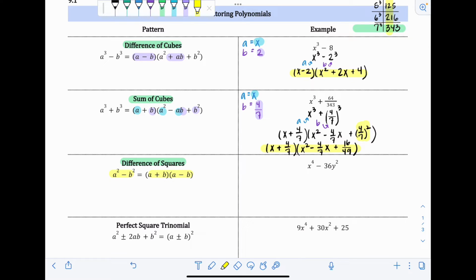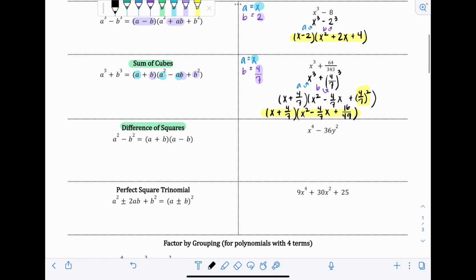So the first thing I want to do is take my problem and rewrite it as a base to the second power minus a base to the second power. It kind of looks like that now, but it's almost deceiving the way it's written right now, especially for the 36y squared. So for x to the fourth, to get that to be something raised to the second power, when you have an exponent raised to another exponent, you multiply them.